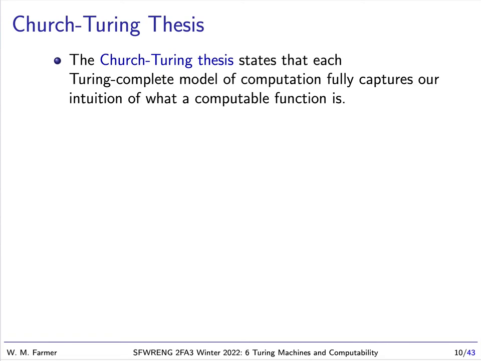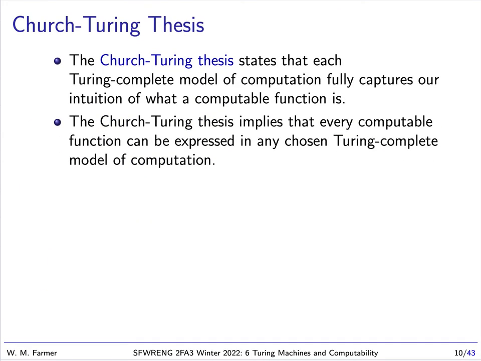These Turing-complete models of computation really do seem to capture exactly what we mean by a function being computable. But of course, this is not something we can prove. It could be, in theory, that there's some kind of intuition we have as humans for computation that no one has ever noticed is not incorporated in these Turing-complete models of computation.